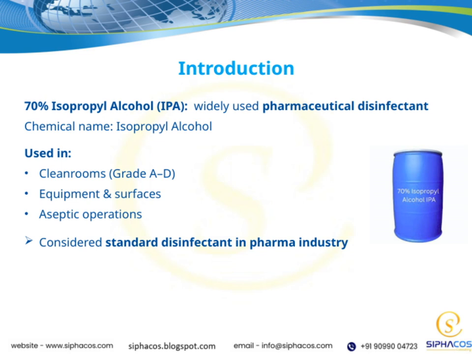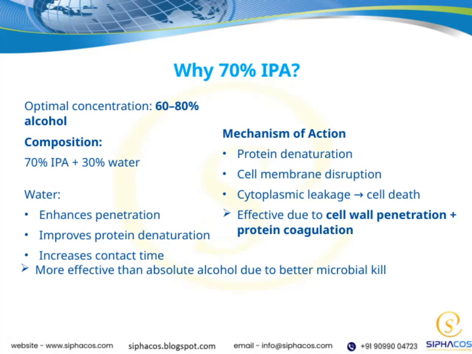In the pharma industry, IPA is considered the standard disinfectant, thanks to its proven efficacy and versatility. So, as we move through this presentation, keep in mind how fundamental IPA is to maintaining safety and cleanliness in pharmaceutical processes.